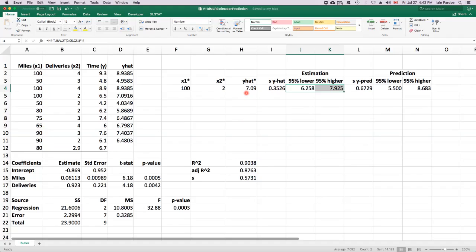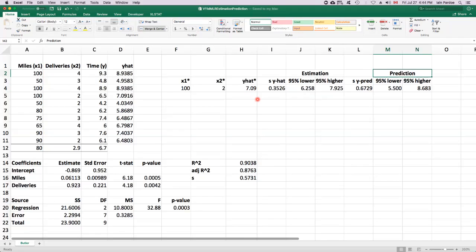Okay, so that's estimation. What about prediction? Now, rather than thinking about all trucks that travel 100 miles and make 2 deliveries and the mean travel time for all those trucks, we're going to pick an individual truck, one specific truck that travels 100 miles and makes 2 deliveries.